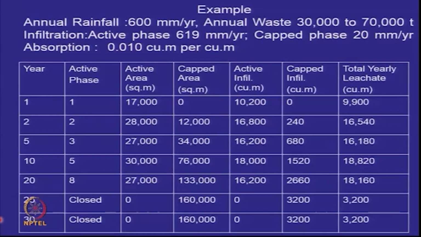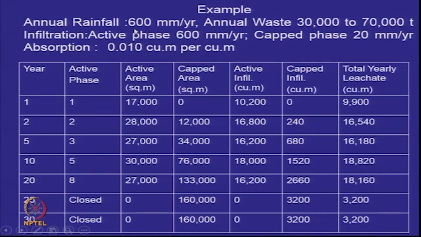And let me give you an example here. This is an example which is modified from one of the papers. So in a place the annual rainfall is 600 millimeters per year and this much waste is coming annually. Infiltration active phase is 600. This is wrongly written, please.